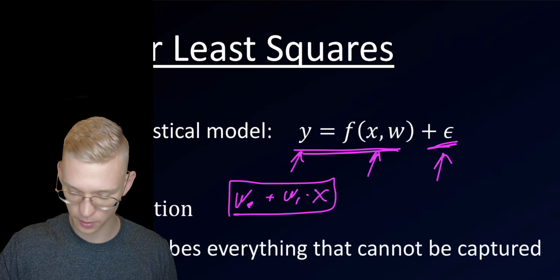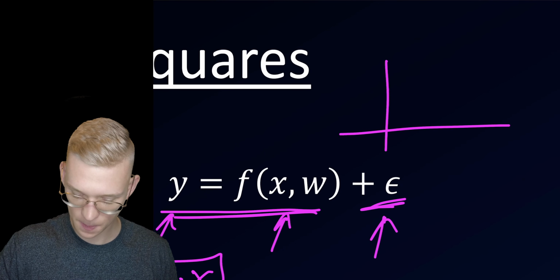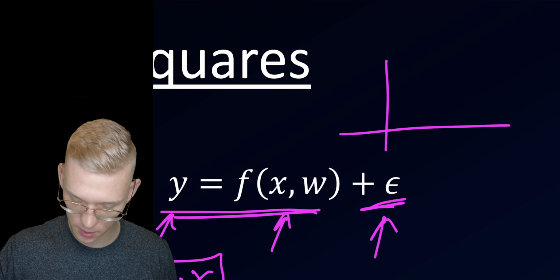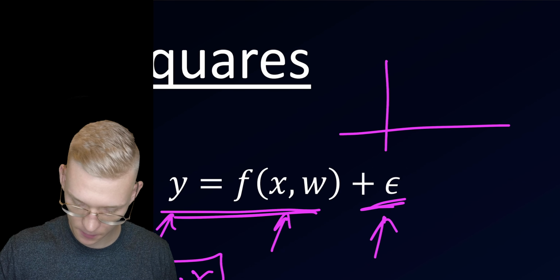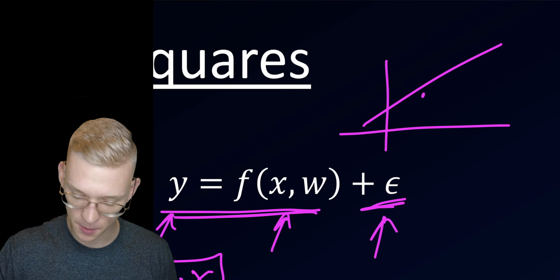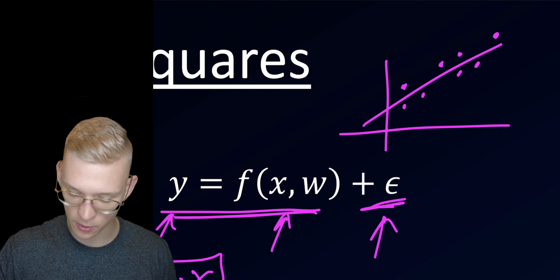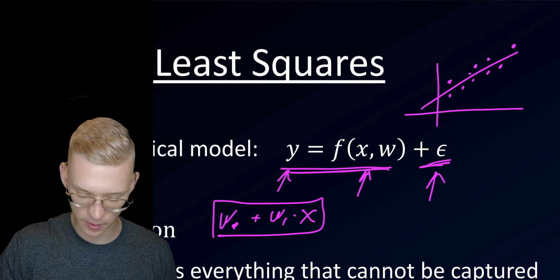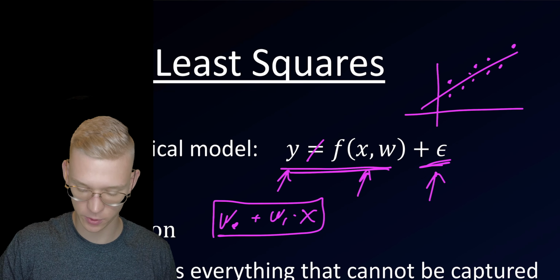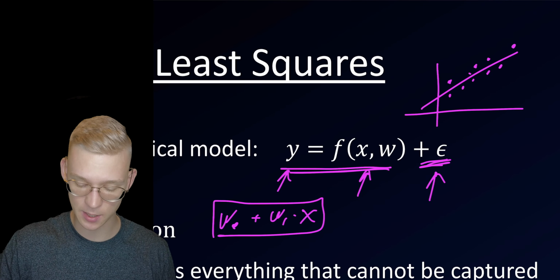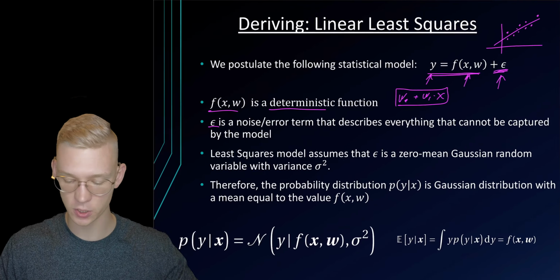For example, if we have a model, then this is our f of x, maybe I should make a straight line. This is our f of x, but the data points are right here. So they are around our function. So this would not be true if we didn't have that noise term, but because we have that noise term, we can say that this is how our function actually looks like.